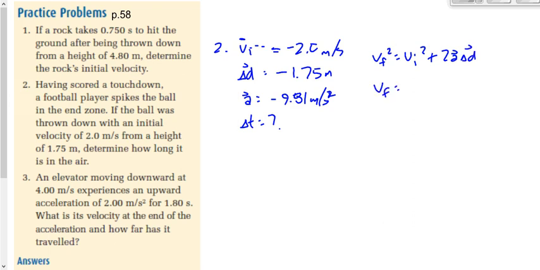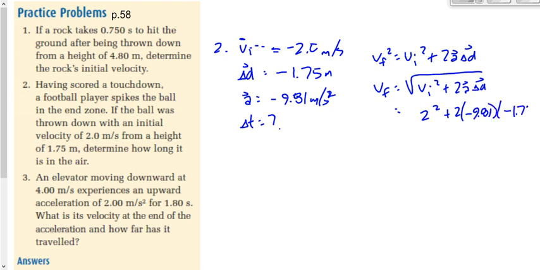VF is the square root of VI squared plus 2AD, which, what does that work out to be? Square root of 2 squared, drop the negative because we're talking about speed here, plus 2 times -9.81 times -1.75.